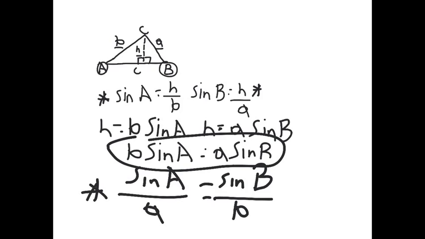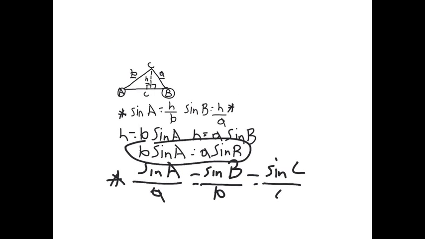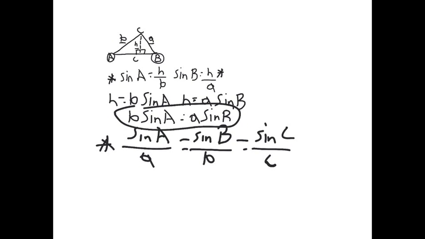As we recall, the law of sines full equation is sine of angle A over side A equals sine of angle B over side B equals sine of angle C over side C. Everything we've just done could be repeated using angle A and angle C, or angle B and angle C, to get the same result.